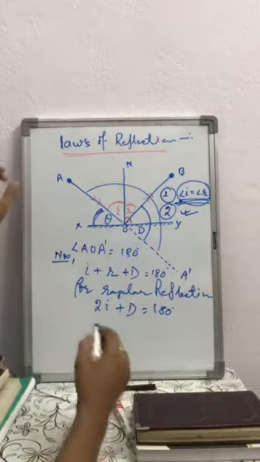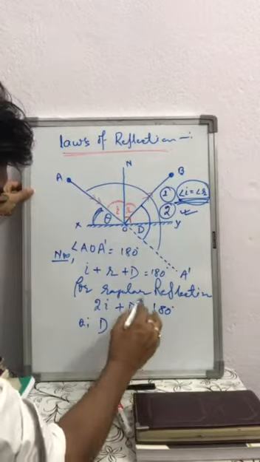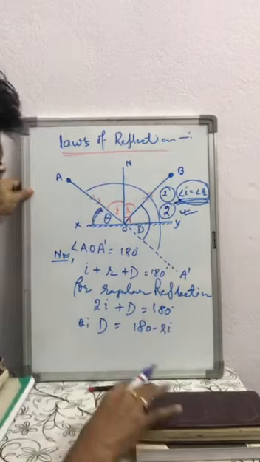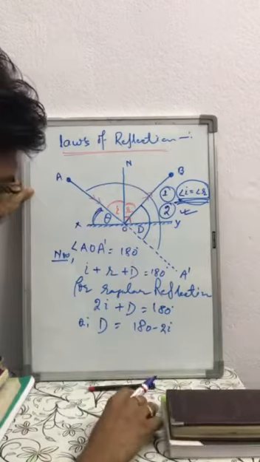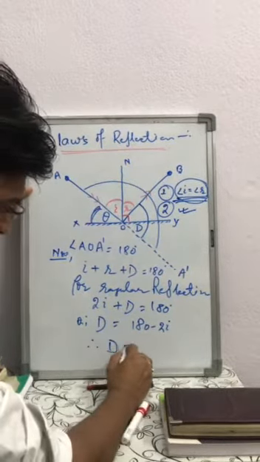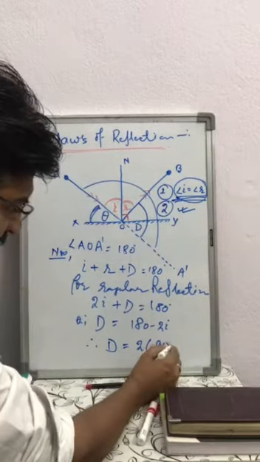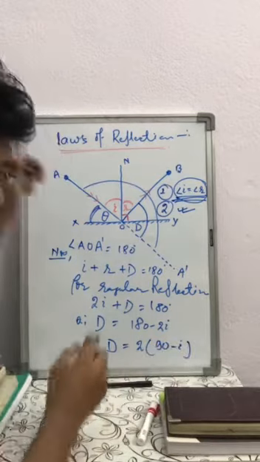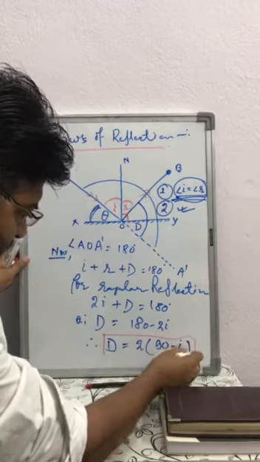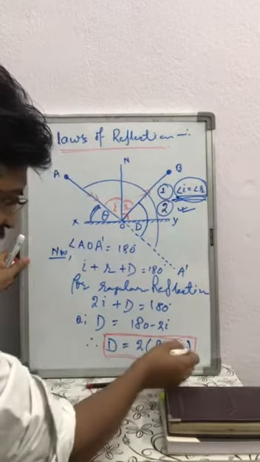So D is equal to 180 minus 2 times the angle of incidence. Therefore, D is equal to 2 into 90 minus the angle of incidence. This is equation 1.